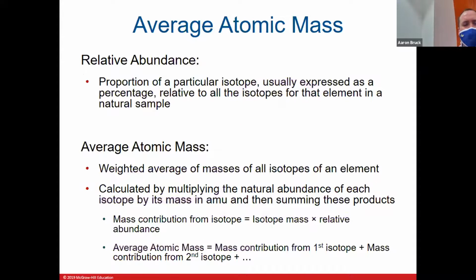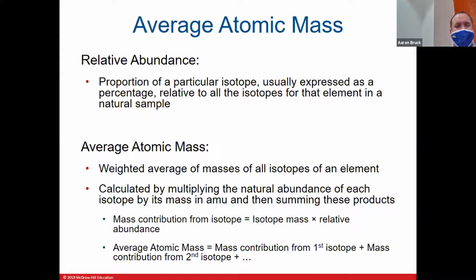So let's dive into this a little bit more clearly. A relative abundance is just a proportion, a percent of the substance that is present in that particular isotopic form. So, like I said, the relative abundance of carbon-12 is over 99%. The relative abundance of carbon-14 is less than 0.1%. Those would be their percent abundances. The average atomic mass is calculated by taking that weighted average.